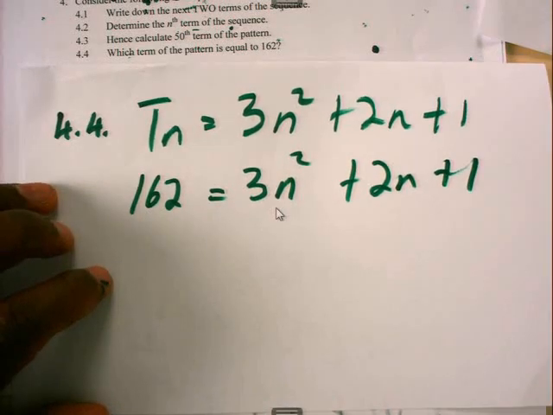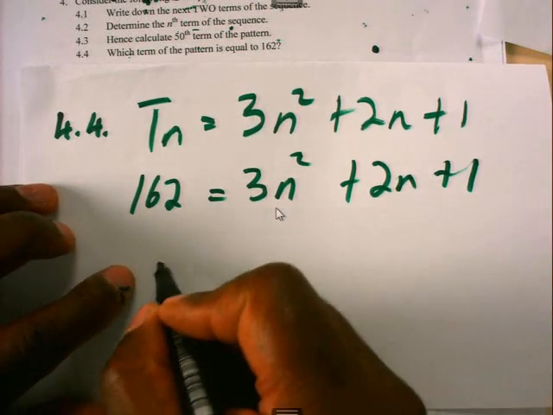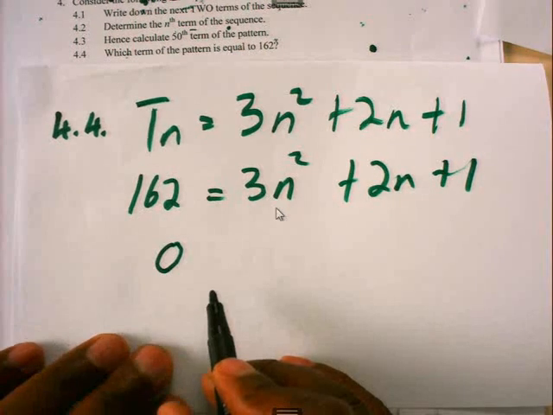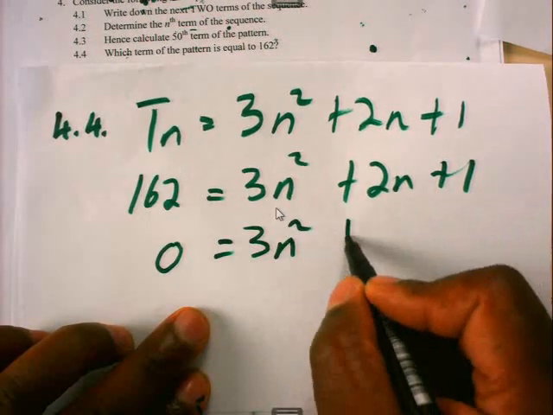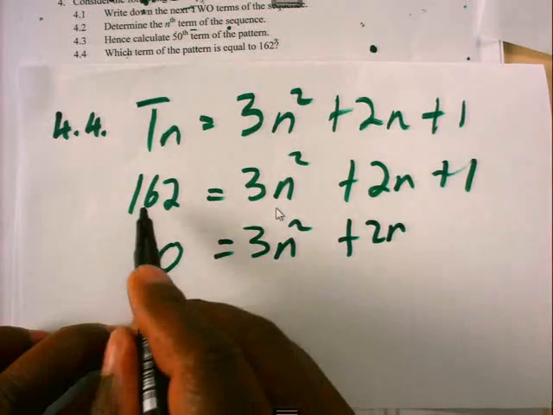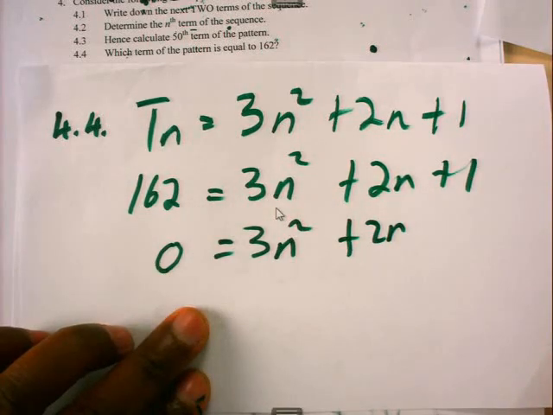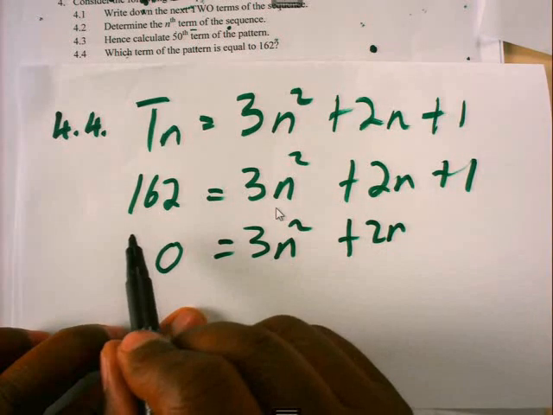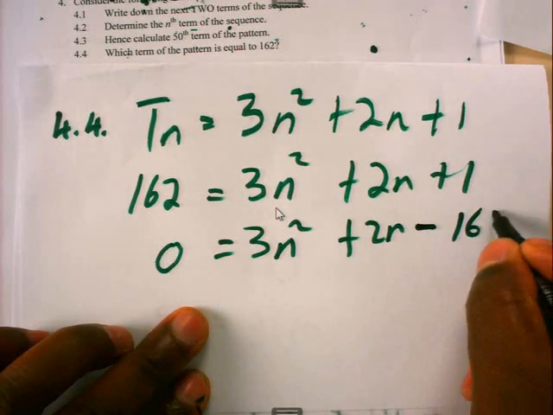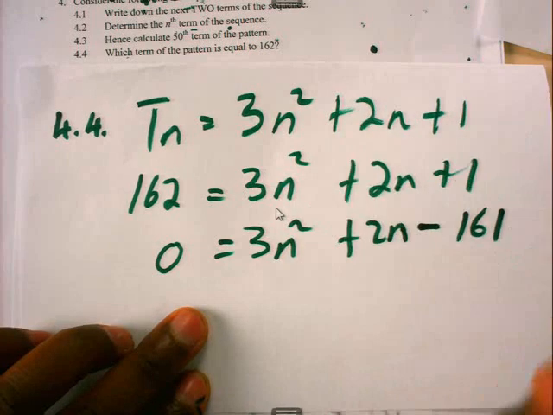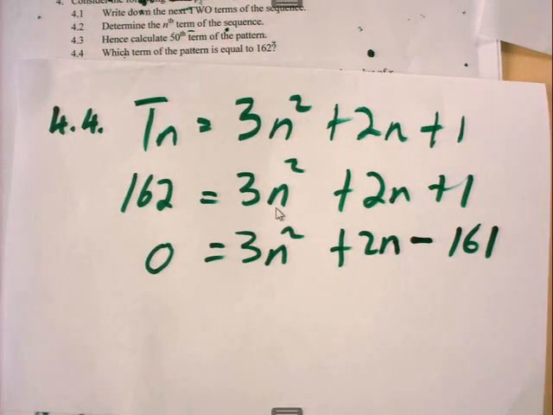Now it's a quadratic equation. Let's write it in the standard form, where we've got 0 there. 3n squared plus 2n equals 162. If you transpose it, it will be 1 minus 162, which will give you minus 161. Now you need to determine factors. It's a bit challenging.